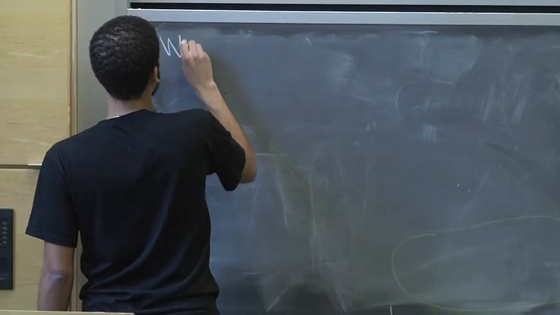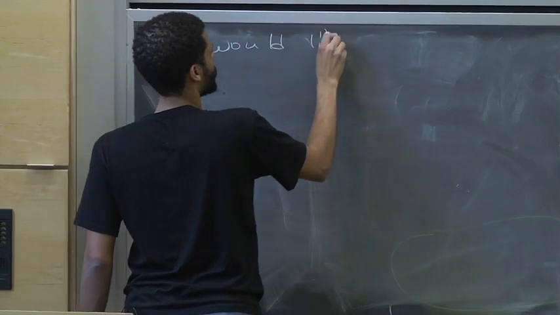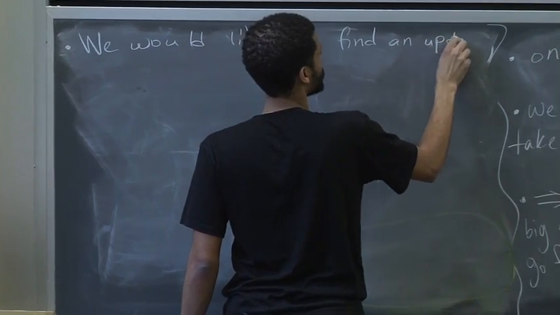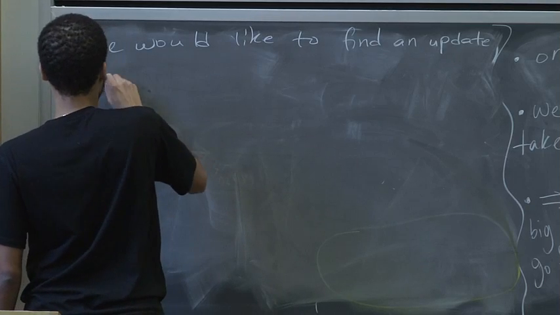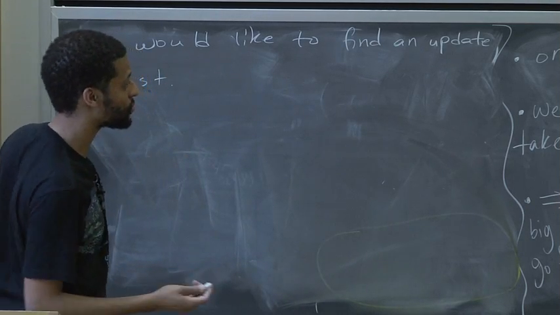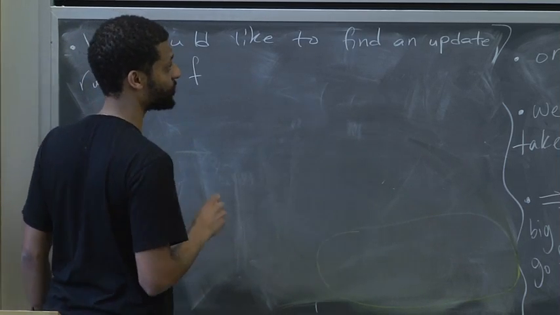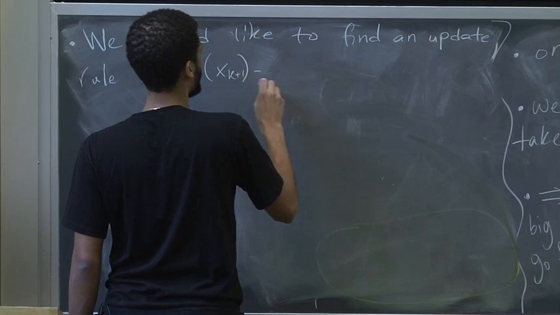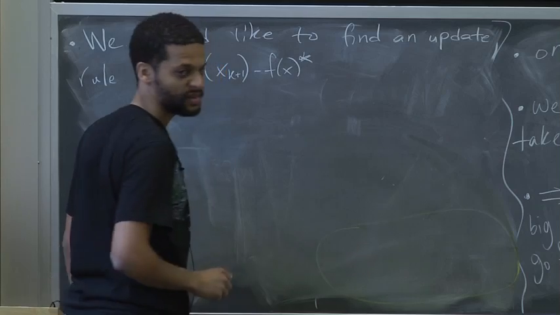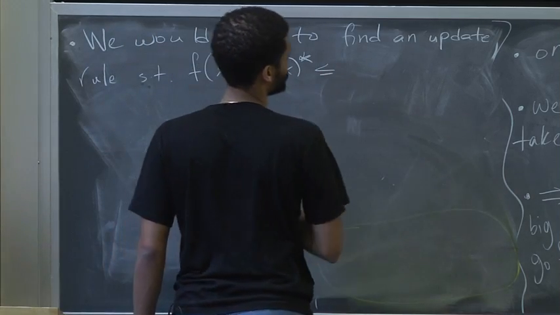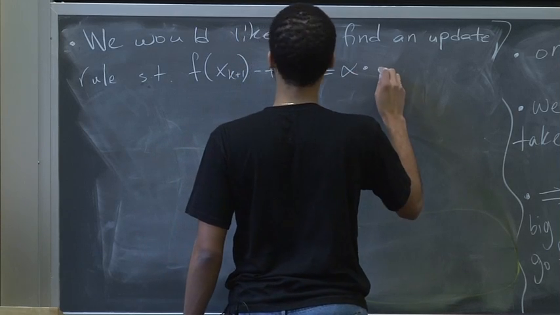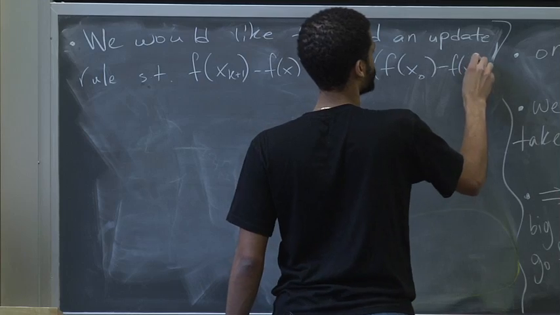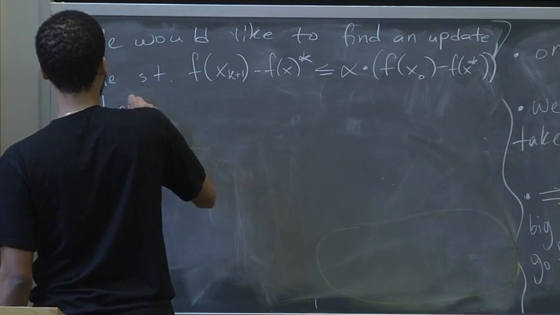So we would like to find an update rule such that, let's say, f of xk minus f of xk plus 1 minus f of x star is at most, let's say, alpha times f of x0 minus f of x star, where alpha is small.